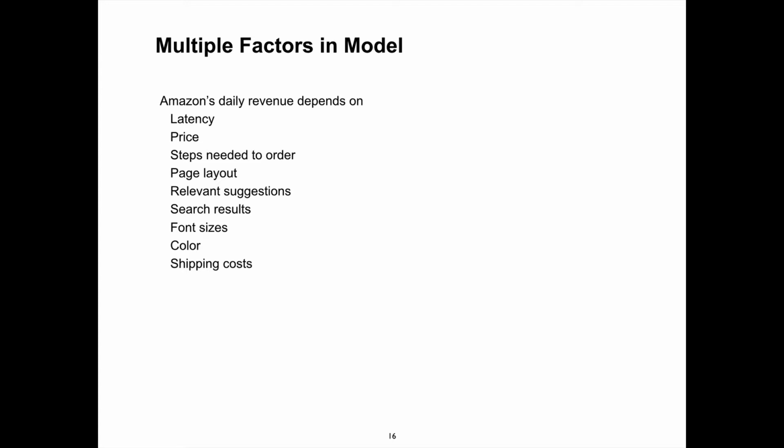we may want to include some or all of these factors. And then each one of these factors basically becomes a dimension in the model. And the more dimensions you have in a model, the bigger the space you're modeling. That causes problems because if I've got a two-dimensional space, it's fairly easy to search.